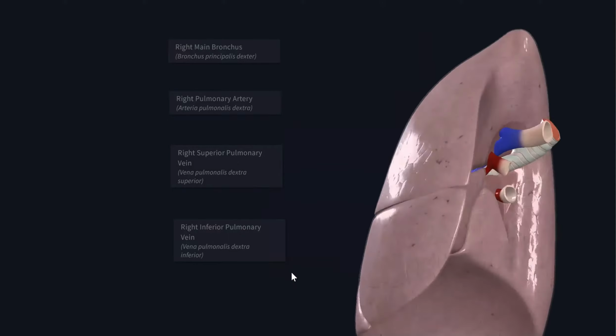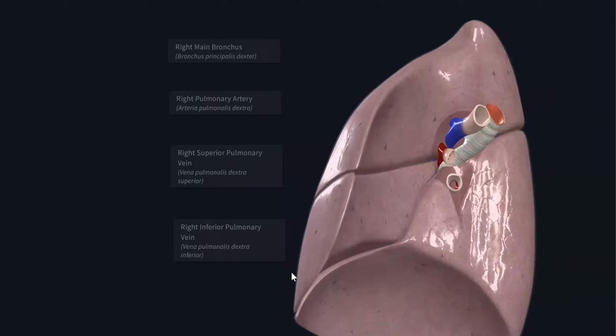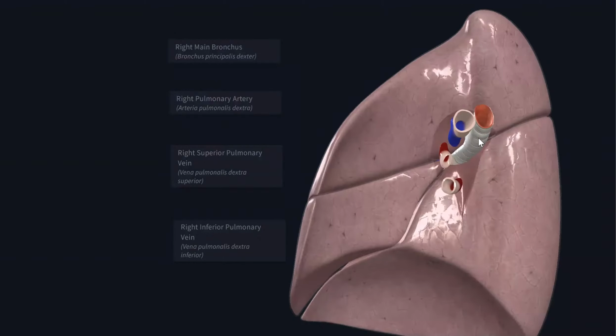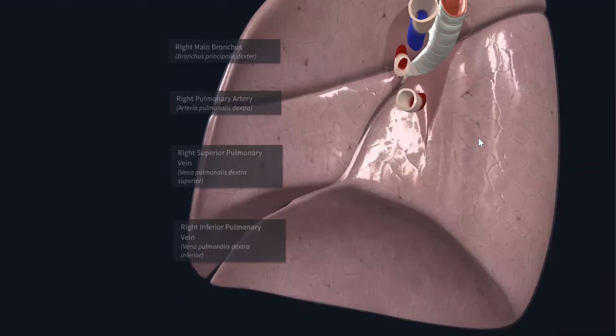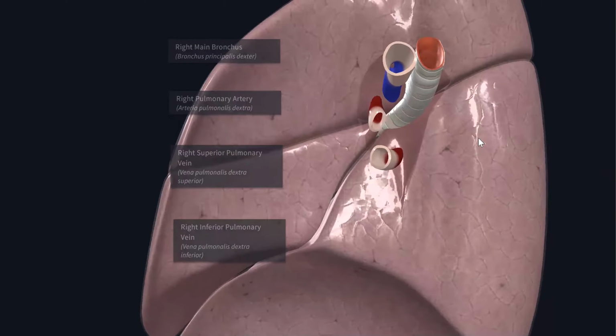So RALS, we will take the first 2 letters, R and A: right anterior. This means that the pulmonary artery is anterior to the bronchus in the right lung.